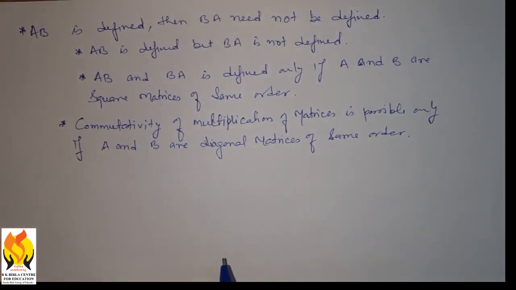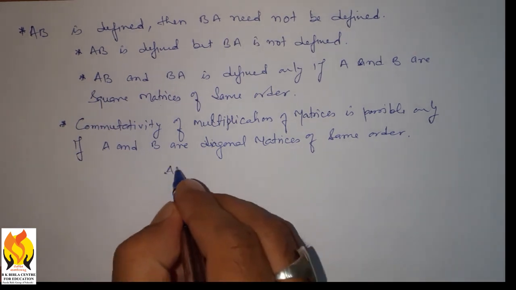So there are 4 notes I have given right now. AB is defined, but this doesn't mean that BA is also defined. It may be, it may not be. AB and BA are defined only if A and B are square matrices of the same order. Commutativity of multiplication of matrices is possible if and only if A and B are diagonal matrices of the same order, right?